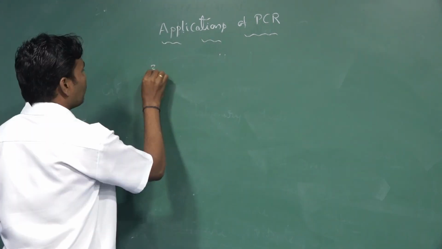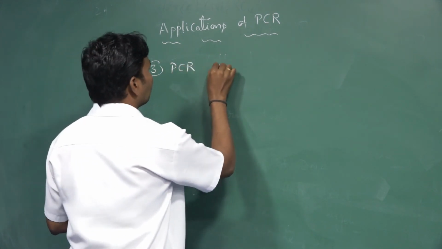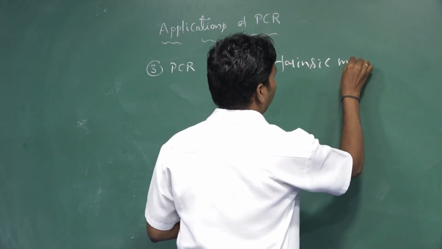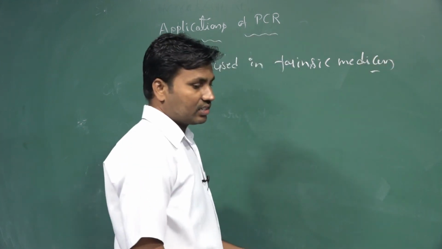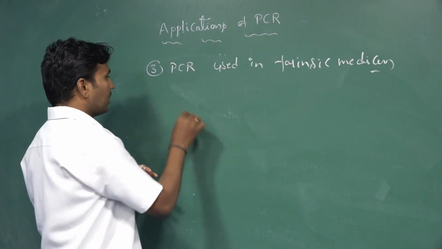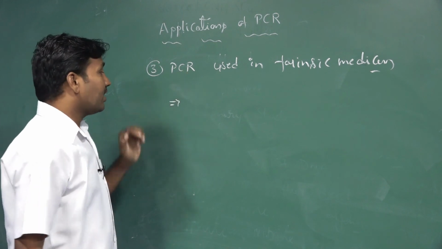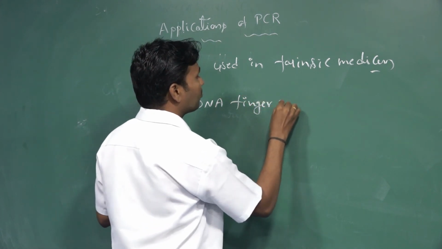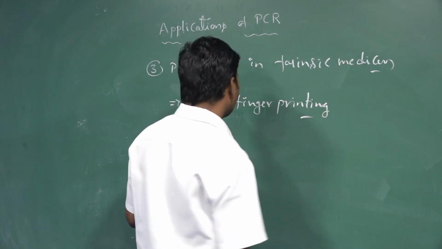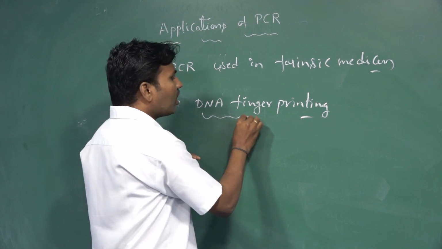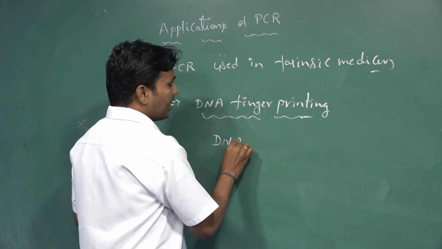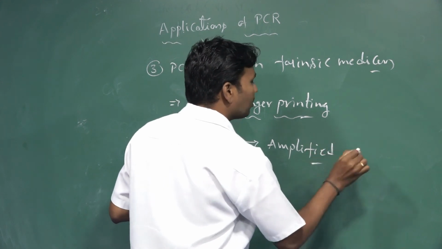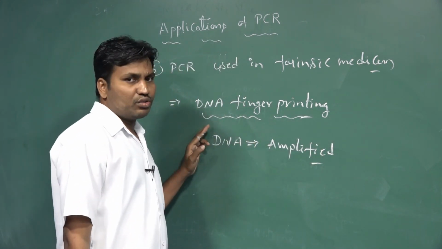And not only this, it can be used in forensic medicine. In forensic science, it is a major technique used to construct the DNA fingerprint. In the DNA fingerprinting process, a small amount of DNA material can be amplified to detect or match against crime records.